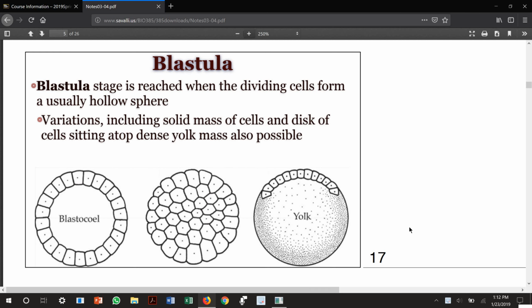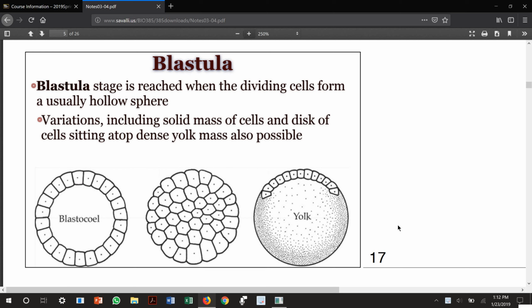These kinds of variations are not as common. We're not going to worry about them beyond just pointing out that there are lots of variations on this basic theme. But we'll go with mostly the typical blastocele, which is a hollow sphere of cells. That's the next stage here.